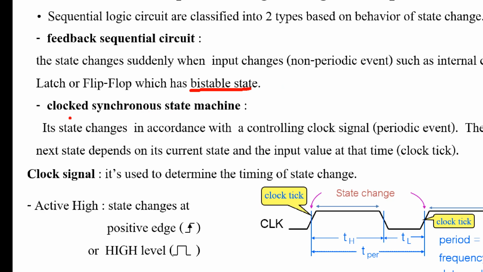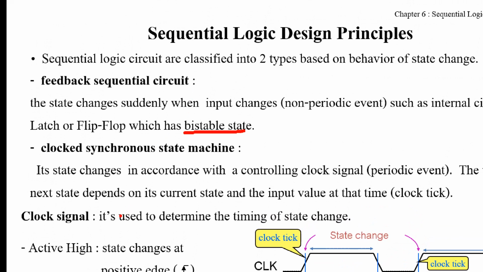And the next kind of sequential logic that you design in this class is the clock synchronous state machine. A machine is a circuit that operates with some steps, some mechanism, to operate or do something, and it has a state.